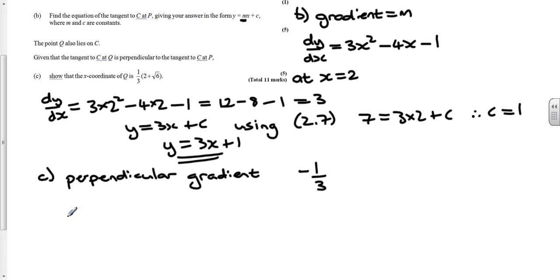Now if that's the gradient at that point, and we know the gradient function for the whole curve, which is our derivative, we can use that to create an equation, and we can find out the x coordinate that way.